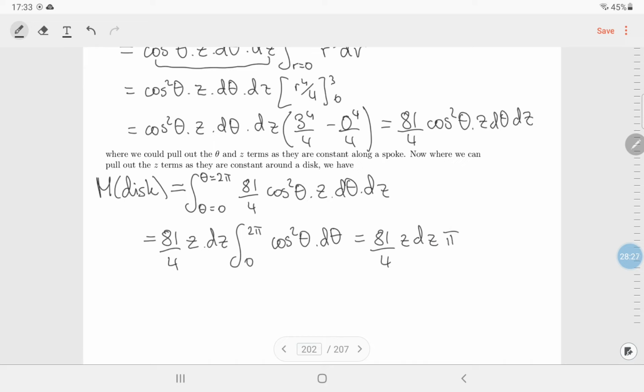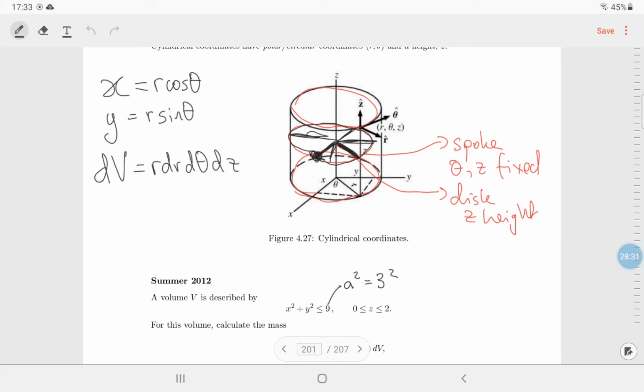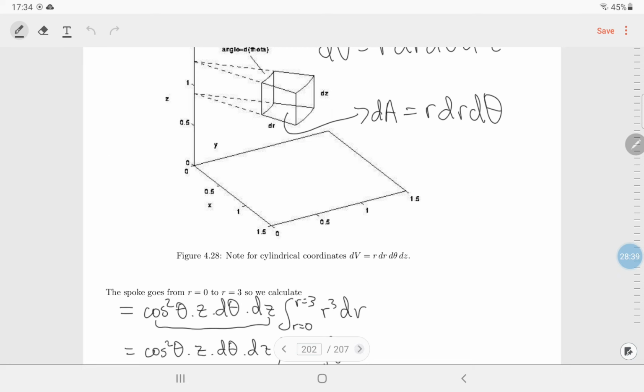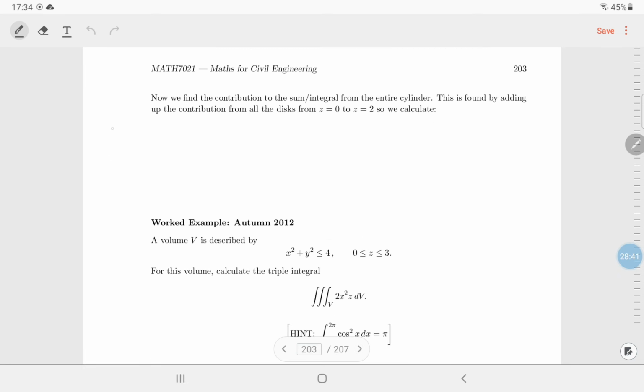So if we add up the mass of all the disks from the bottom here, which is a height of 0, up to the top, which is a height of 2, we'll have the mass of the cylinder. So finally, the mass of the cylinder is found by adding up from z equal to 0 to z equal to 2 the mass of a disk.